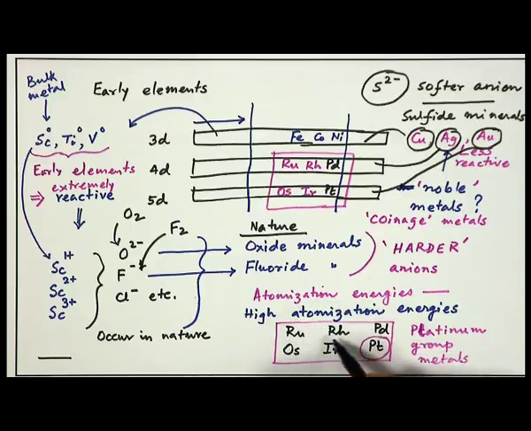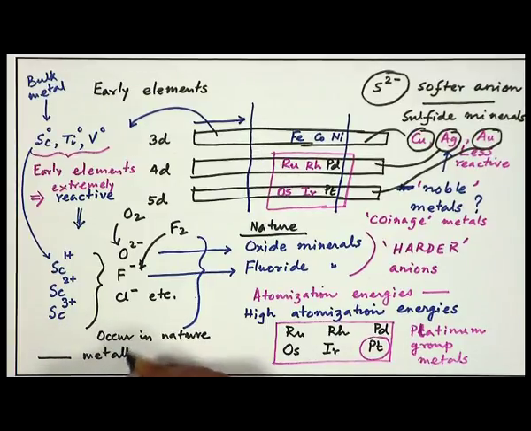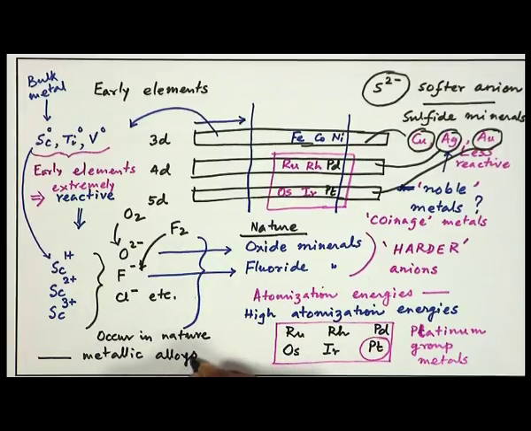So, the atomization energies are similar, their sizes are also similar, sometimes they also form very good metallic alloys. So, they are also useful for giving metallic alloys for the metals in the platinum group.